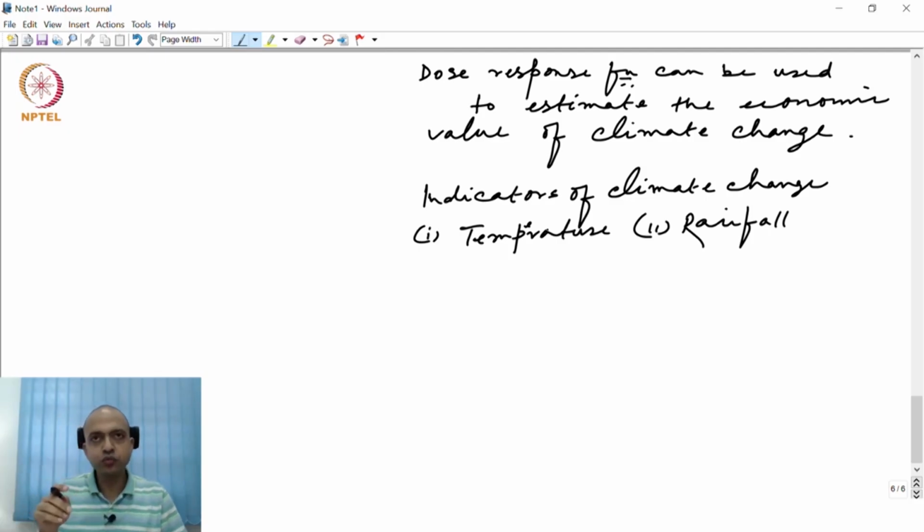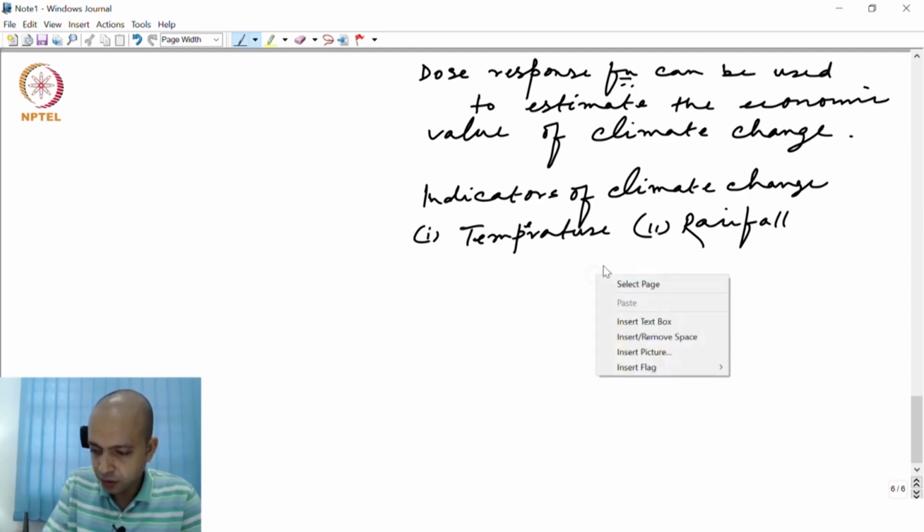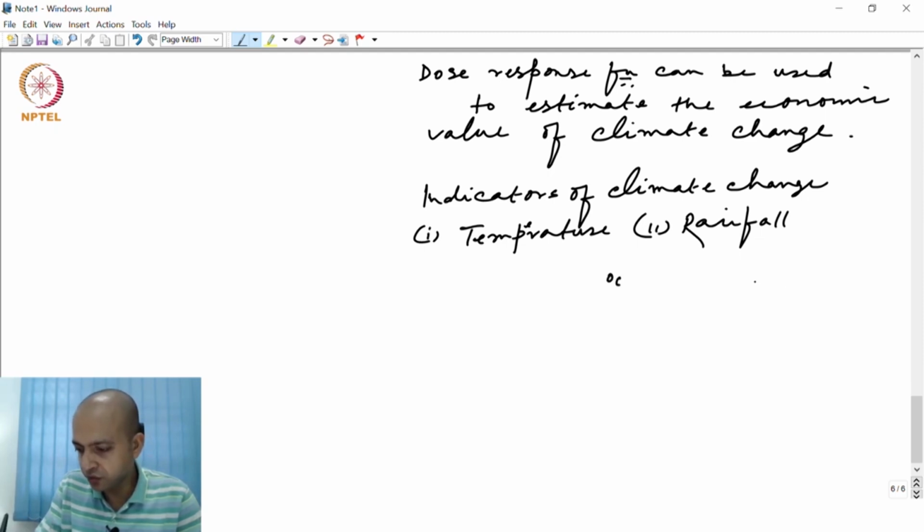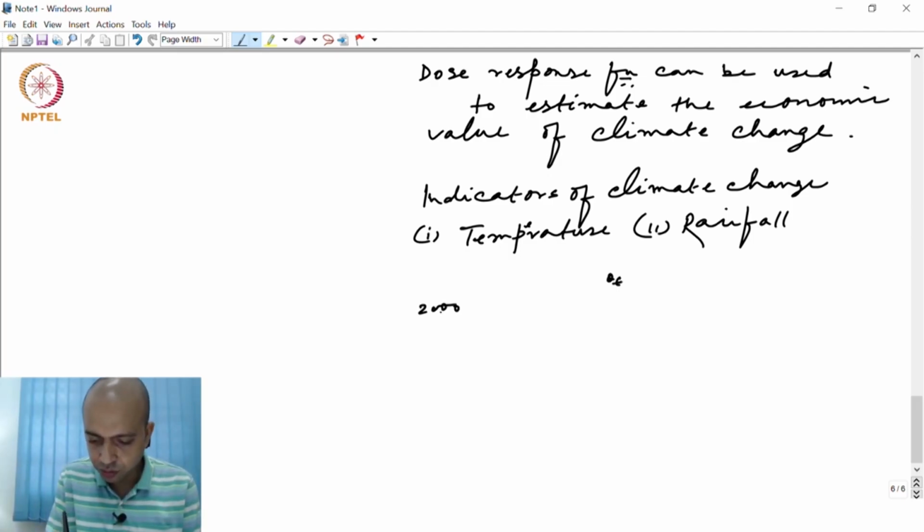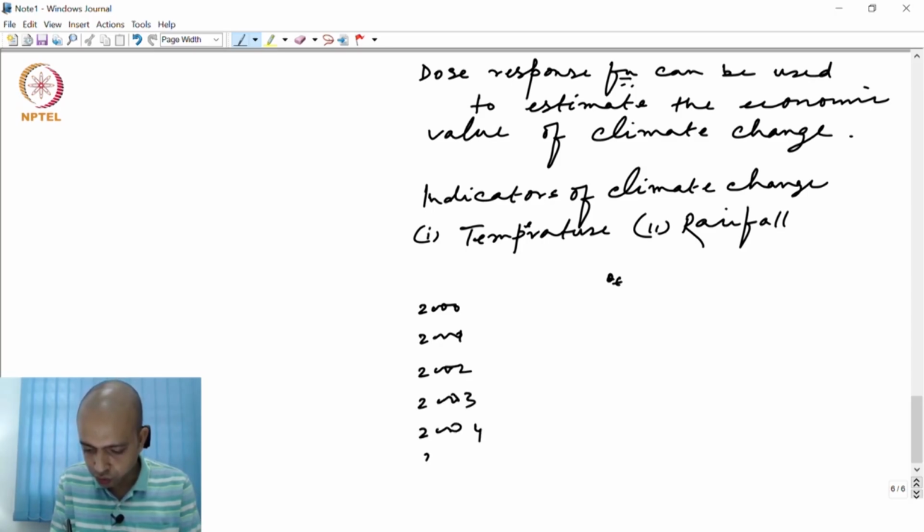Now the economists, what they do, they collect time series data. Let's say we have time series data on temperature and rainfall. This is, let's say, degree centigrade, and this is rainfall. We have time series data starting from 2000, 2001, 2002, 2003, and 2004, 2005.